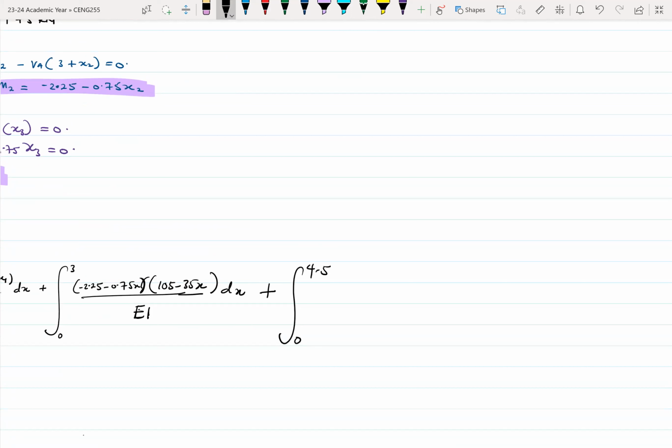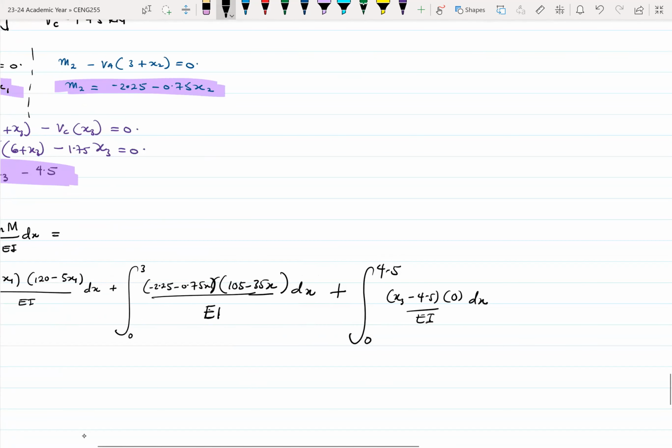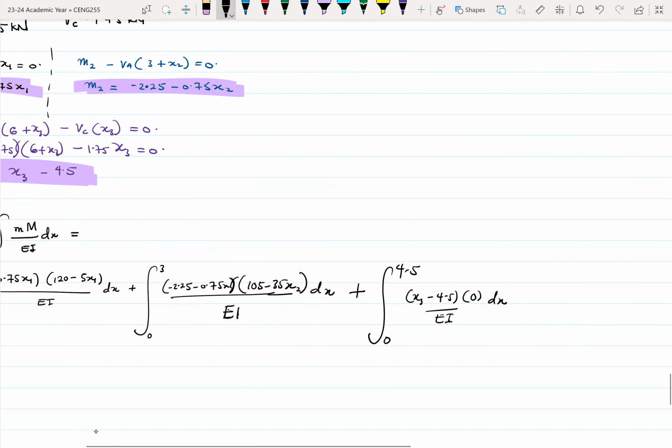It becomes x3 minus 4.5 times 0 over EI dx. So sorry, this is x2, let me just delete. Oops.